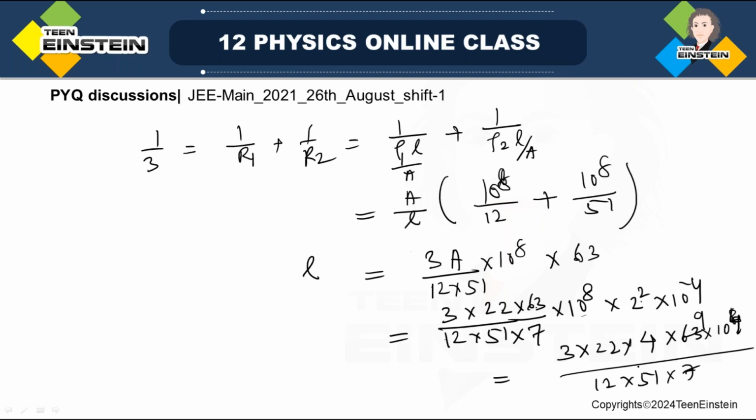7 9 is 63. This will make it 4. This 4 cancels out, and we have 3 threes. This is 17. So what I get, 63 by 17.